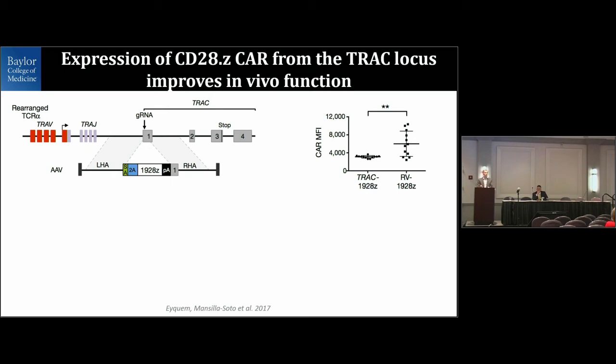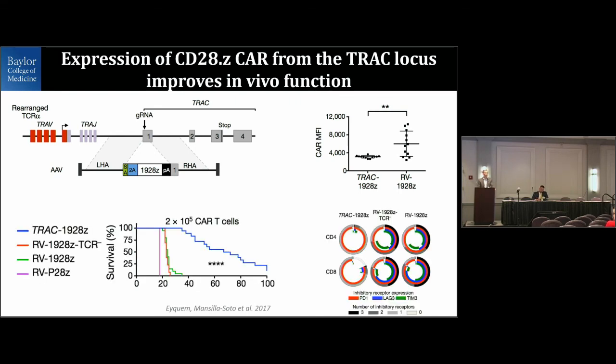That resulted in significantly lower expression levels on the cell surface, and this led to dramatically improved anti-tumor potential in vivo, and also resulted in less exhaustion of the cells when isolated from in vivo tissues. So this tells you that when it comes to CAR expression, often less is more. You do not need to drive high expression to achieve optimal function. Sometimes you actually need to dial it down.